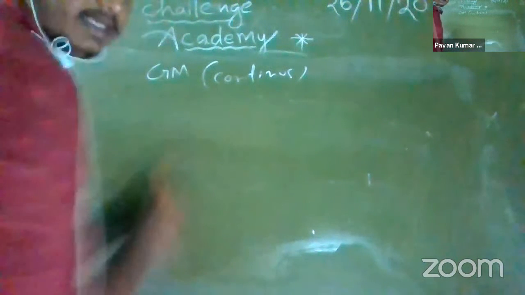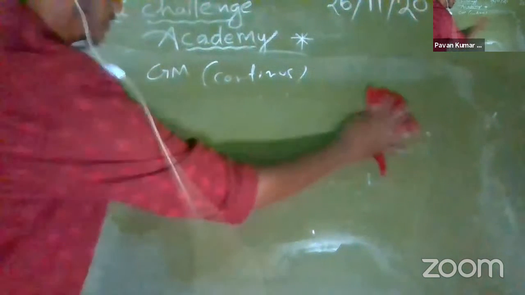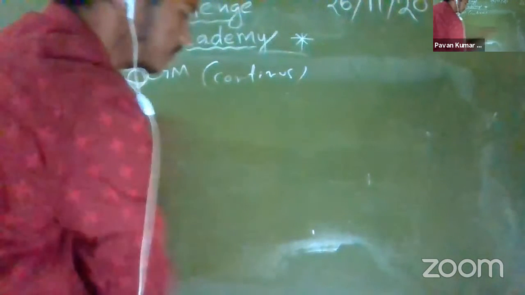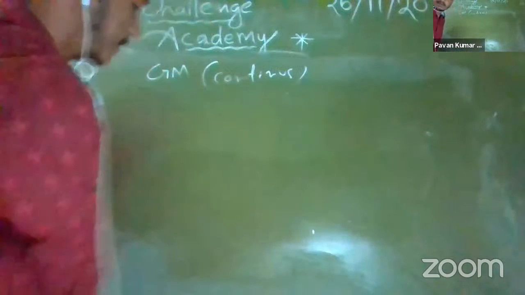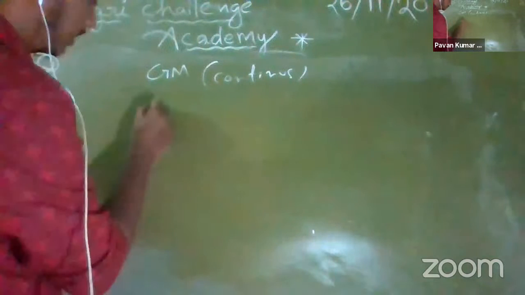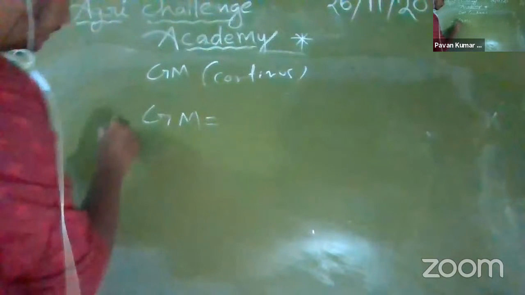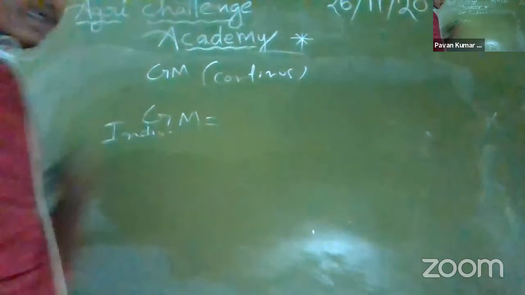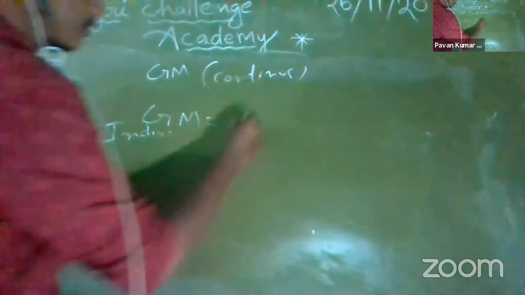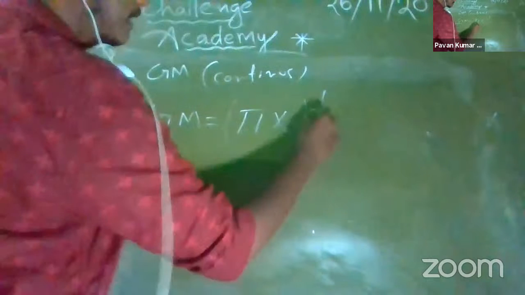The drawback of geometric mean is this. The formula for geometric mean, for individual data, is the product of xi whole to the power of 1 by n, i equals 1 to small n.